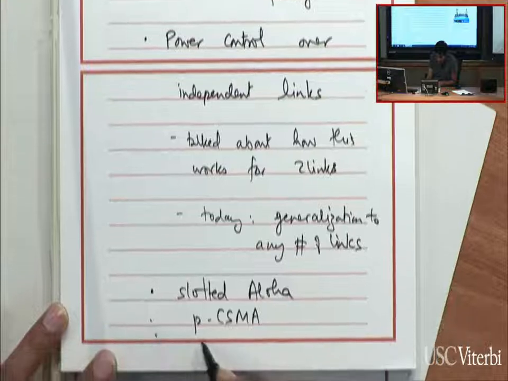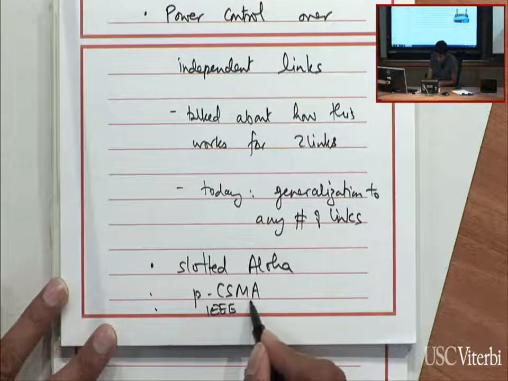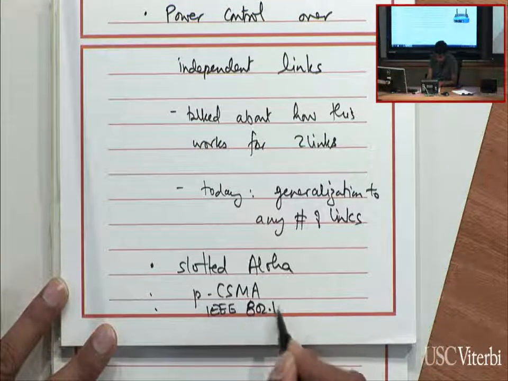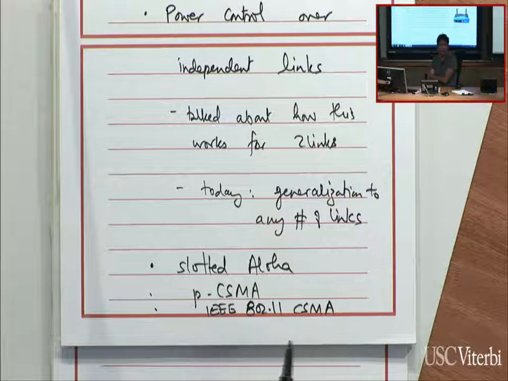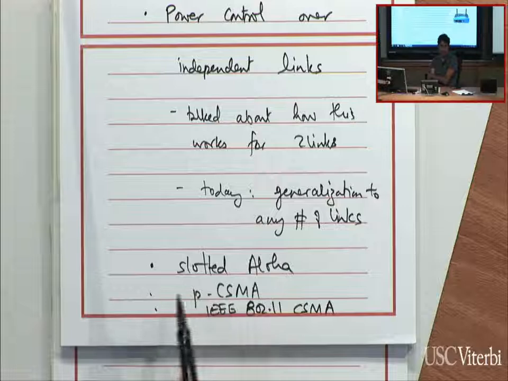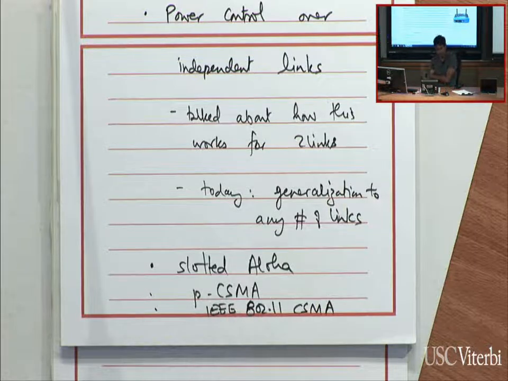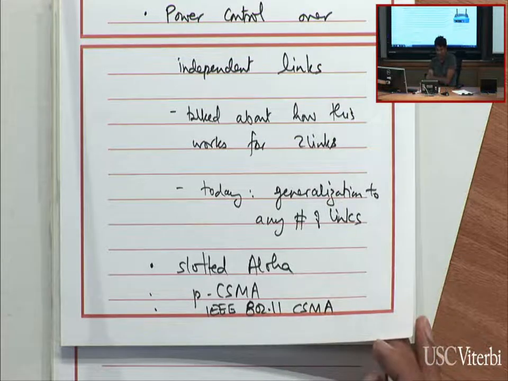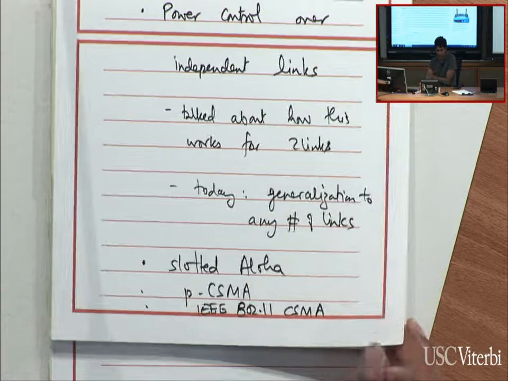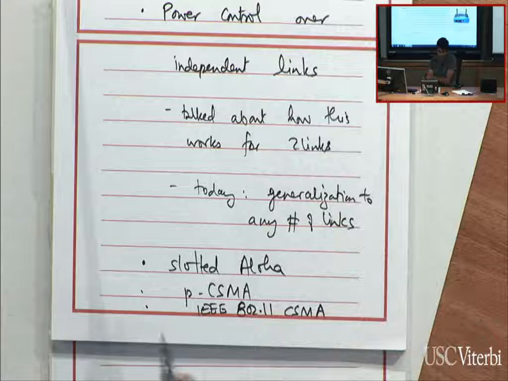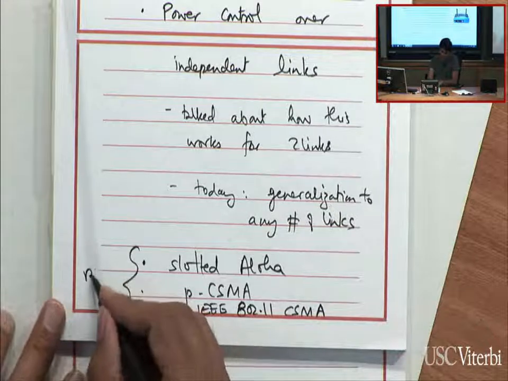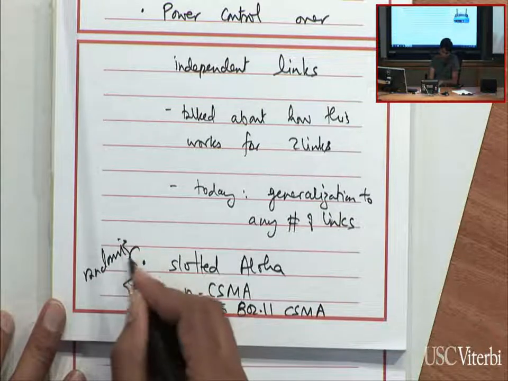And then today really I want to get to talking about IEEE 802.11 CSMA, which when we analyze it will reuse a lot of the analysis we did for PCSMA, but it has on top of that a finite state machine that is unique to the way 802.11 does CSMA. And so broadly these have to do with randomized channel access.